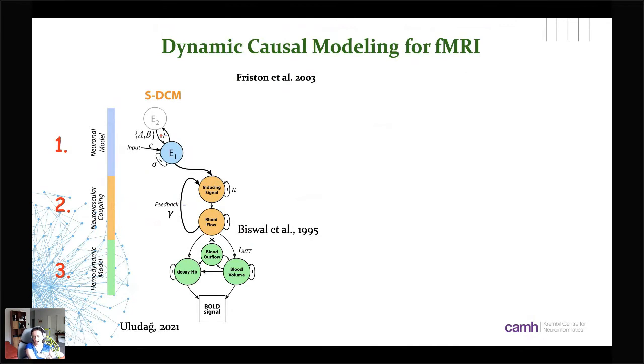And this is regulated in the model by 2 parameters, kappa and gamma. And this produces a dampened oscillation at a frequency of about 0.09 hertz that is consistent with the BOLD signal. So it's consistent also with the Biswal et al. model.